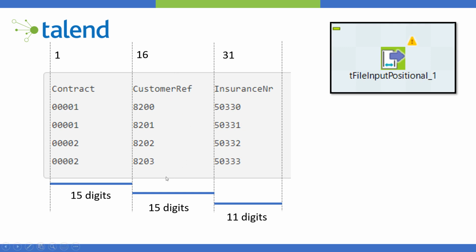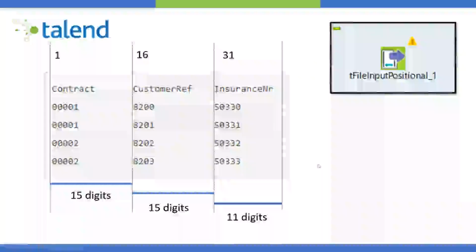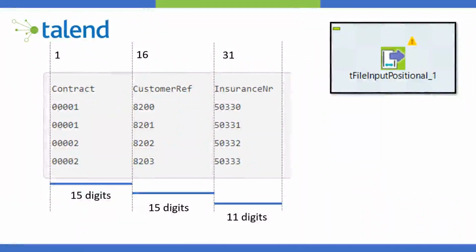It's going to be 15 digits starting from position 16 to 30, and then we have from 31 to 4. So for such types of files we use the tFileInputPositional component, and we define the parser stating that the first 15 digits have to be taken for the first field, then the next, and then we move on. And then basically we define the schema for this one.